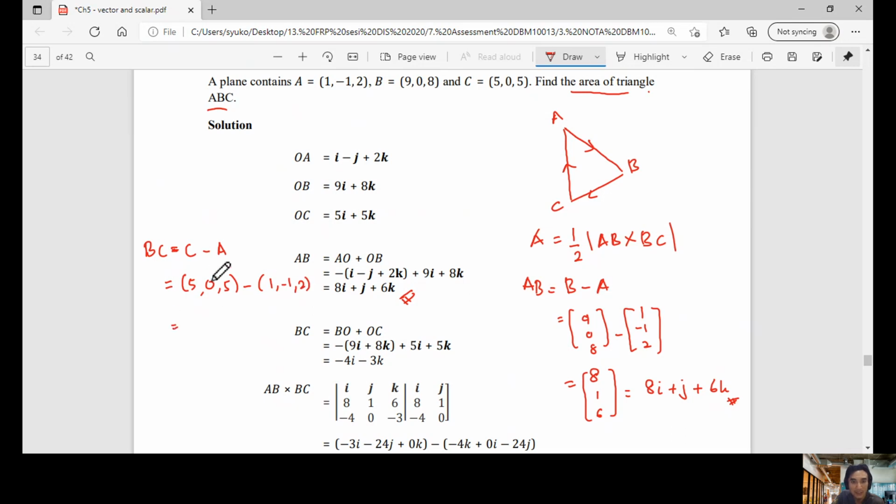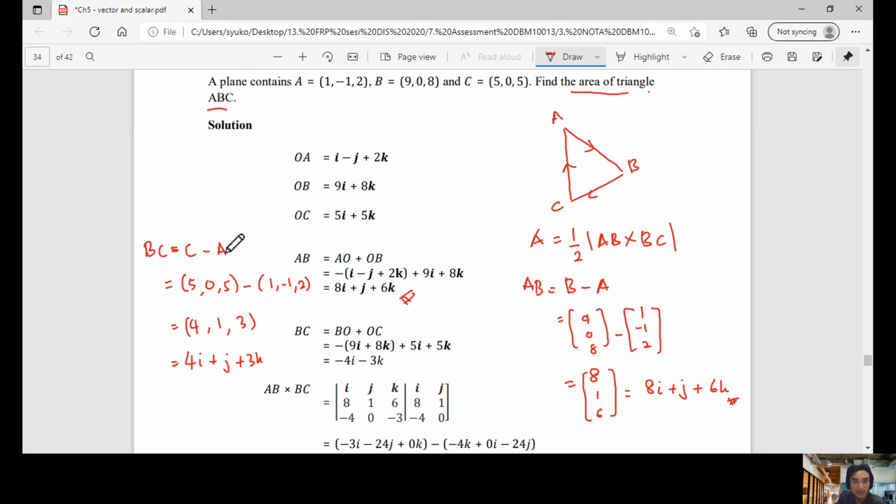So we calculate this one, and then we will get 4, and then 1, and then 3. So this is the coordinate of the vector BC. So that is 4i plus j plus 3k. Okay, is it right?